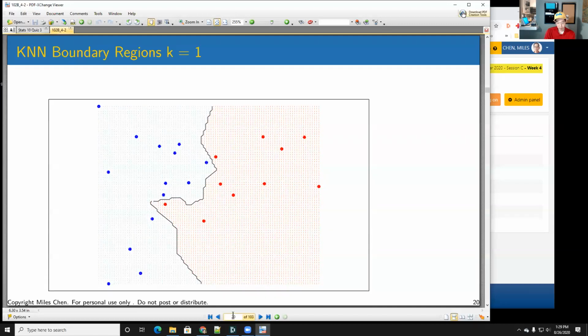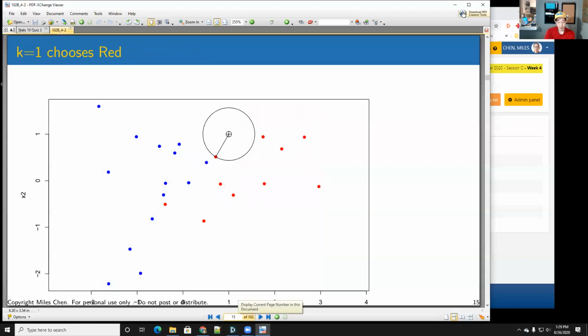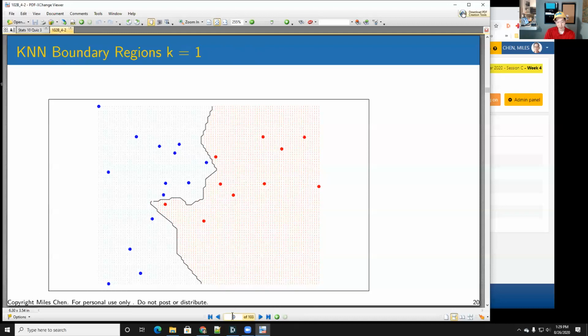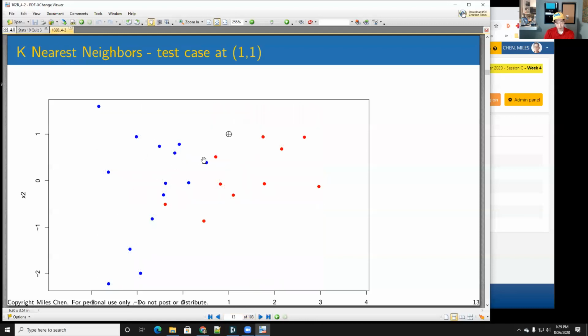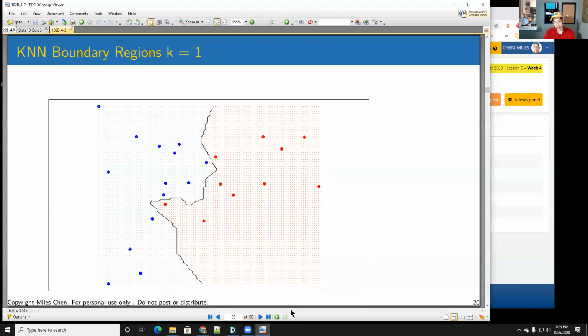So this plot, and let me go back. So this plot and this plot have the same training data. If I switch between slide 13 and slide 20, the training data is exactly the same. That's what I'm trying to show here. If you look at where the blue and the red dots are, they are in the exact same position.